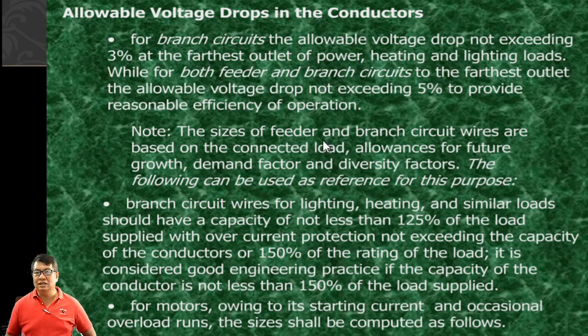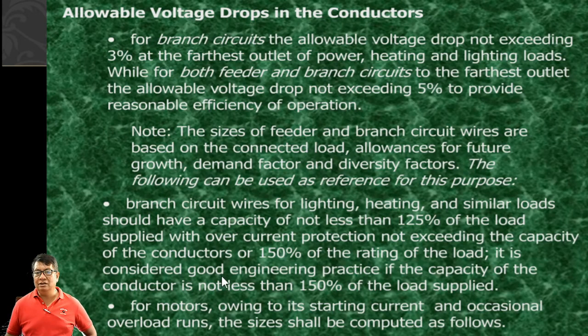Okay, the sizes of feeder and branch circuit wires are based on the connected load. The following can be used as reference for the purpose. Branch circuit wires of lighting, heating, and similar loads should have a capacity not less than 125% of the load. Okay, and then 150%. Yun po yung sa current protection natin. Yung sa circuit breakers, 150% of the rating of the load, no?